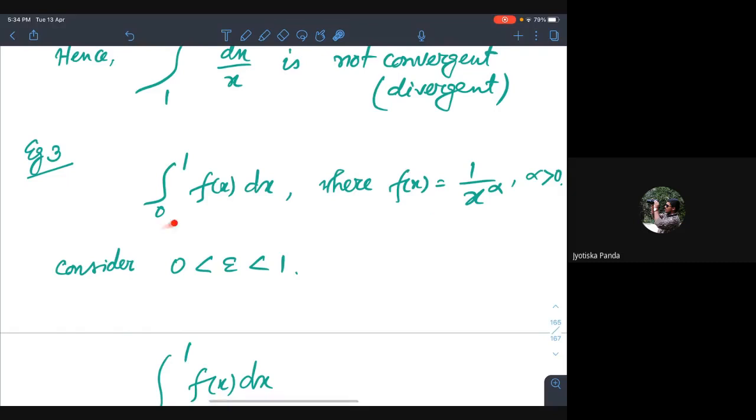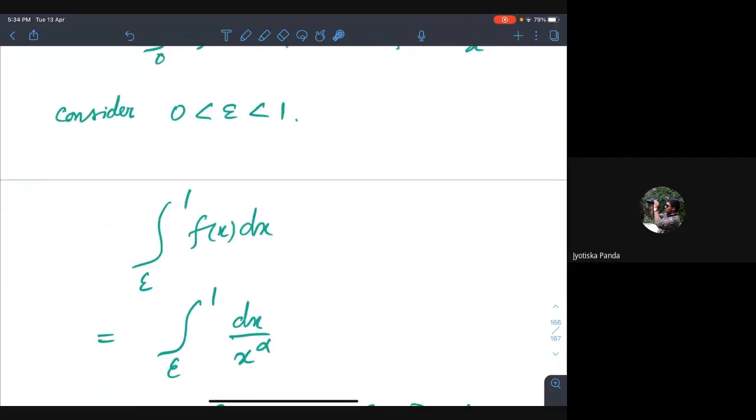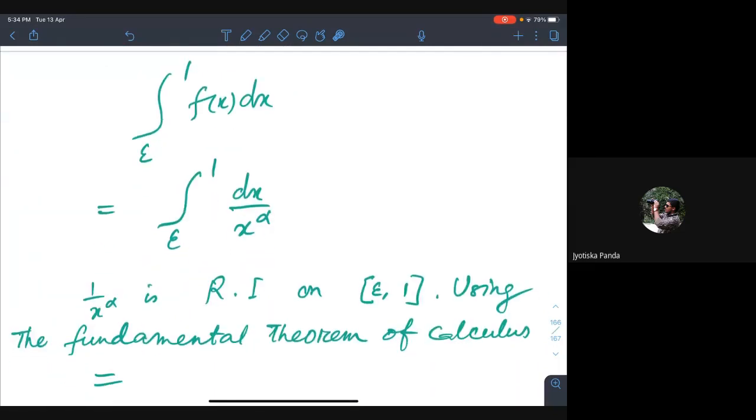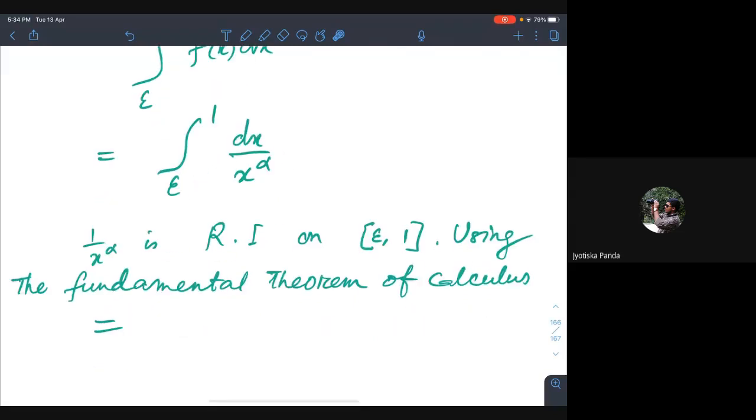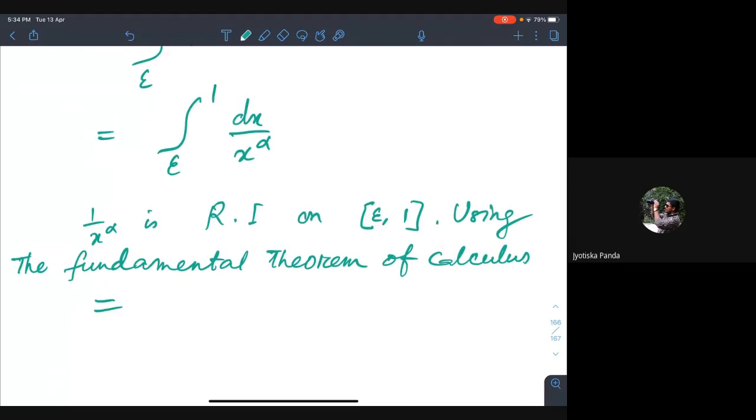Now the problematic point is 0, right? So we consider an epsilon between 0 and 1 and look at the integration from epsilon to 1. Since 1 over x to the power alpha is Riemann integrable on the interval epsilon to 1, we use the fundamental theorem of calculus to evaluate it.